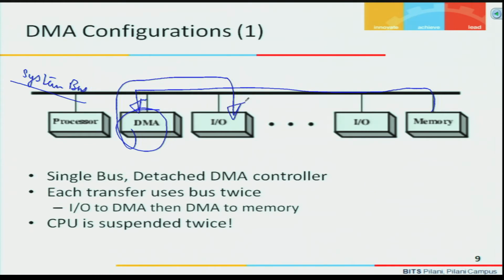So this bus will be occupied by the DMA twice, which means the processor speed will be slow, because at that moment the processor cannot get the bus control. You can say the processor or CPU is suspended twice, and twice suspension is a penalty.